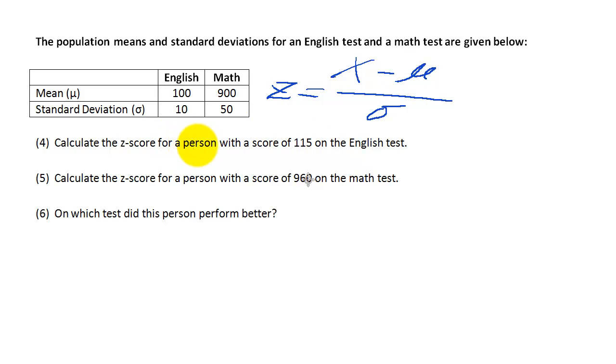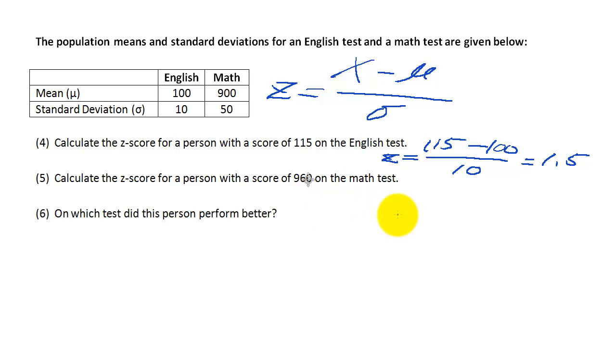So z-score for a person with a score of 115 on the English test: z equals 115 minus 100, because it's talking about English, divided by standard deviation 10, which is 1.5.